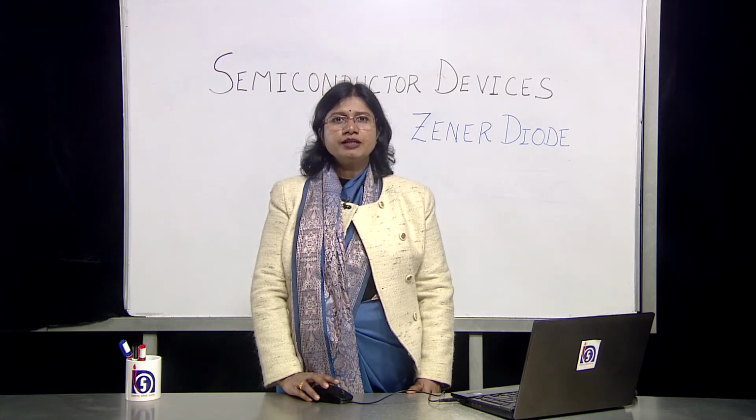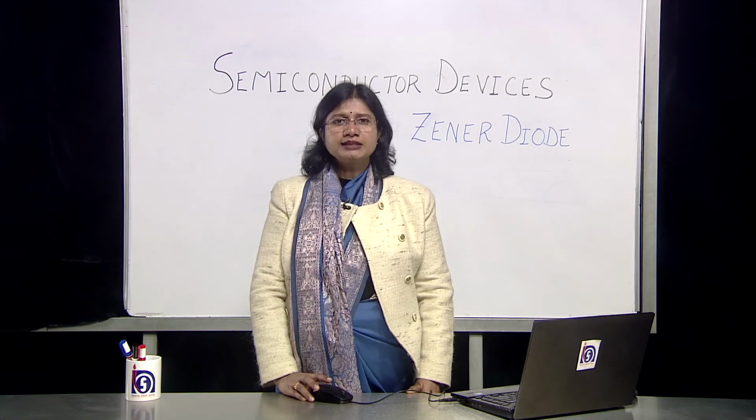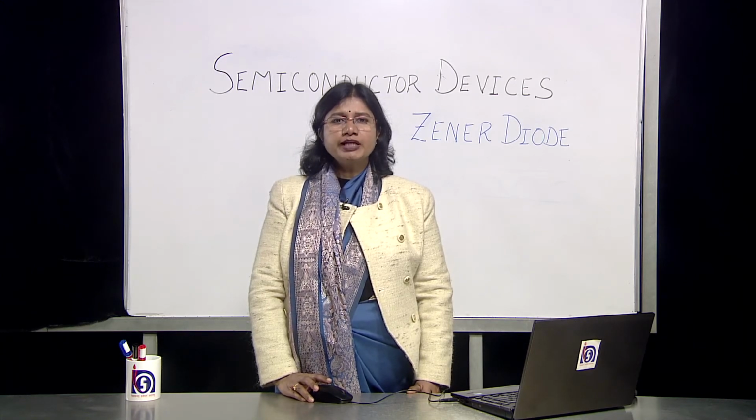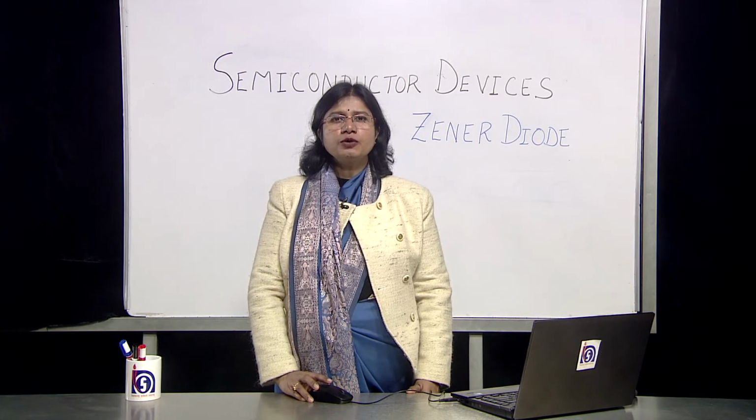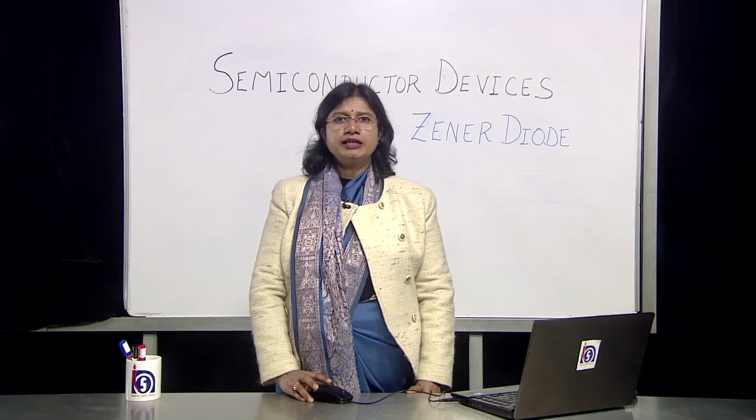Even if there are some ripples in the current, that means the amount of current is varying slightly, these fluctuations are completely ignored by the Zener diode, and across the load resistance you are always going to get the output voltage which is fixed. Thus, a simple Zener diode acts like an excellent voltage regulator.